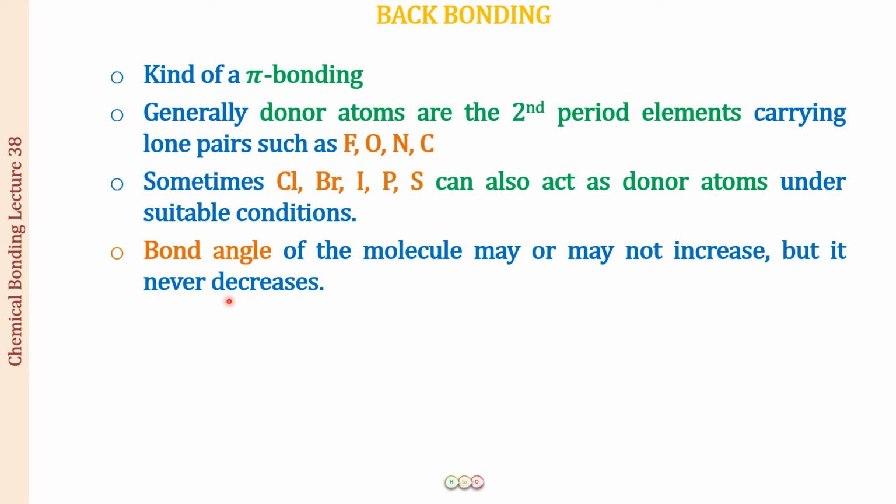When I talk about the examples, I will be showing you the various bond angles for the molecules. So just remember for now that bond angles may or may not increase, but they are never going to decrease.